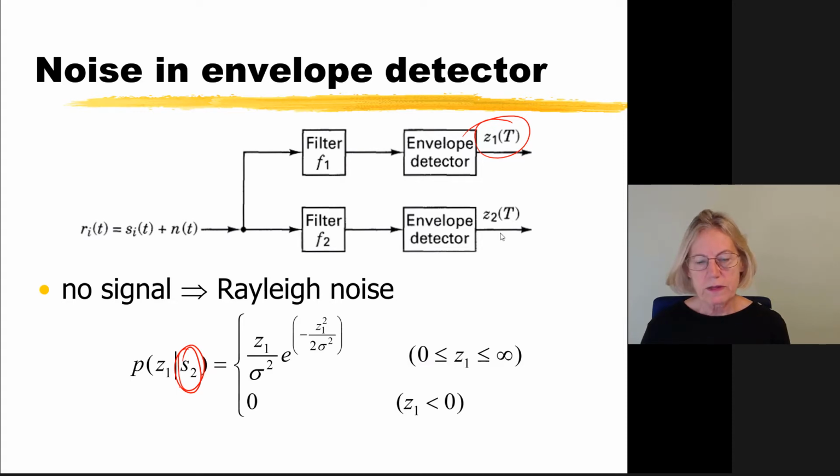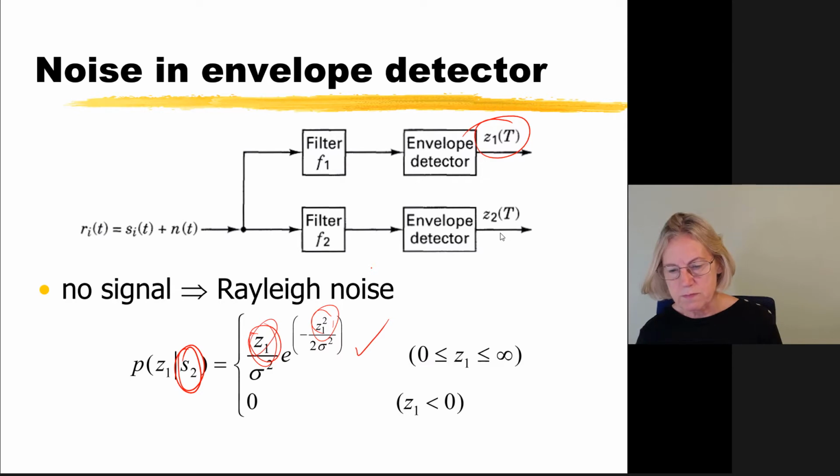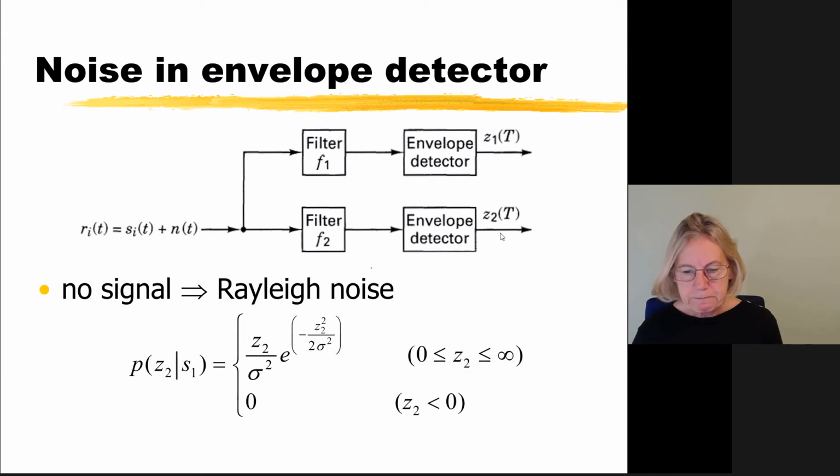And so the conditional probability density for Z1 under the condition that S2 is sent is given by this probability, which is basically Z1 times an exponential of the negative Z1 squared. So if there was no multiplying Z1, we would have Gaussian, but because it's multiplied by Z1, this is instead a Rayleigh distribution. And it's a one-sided distribution. Of course, it can't be negative because we're looking at the positive envelope.